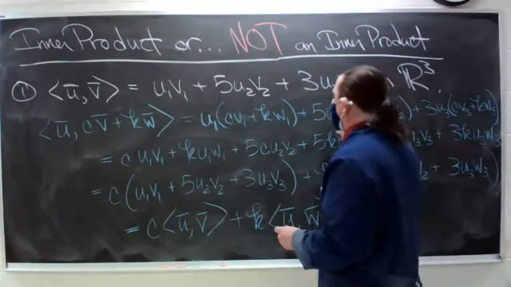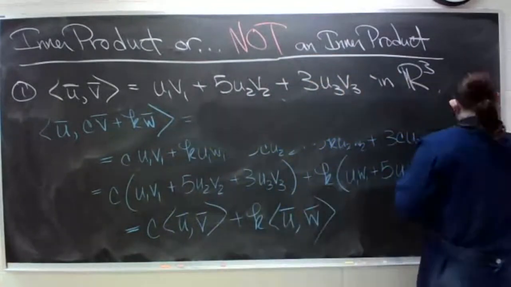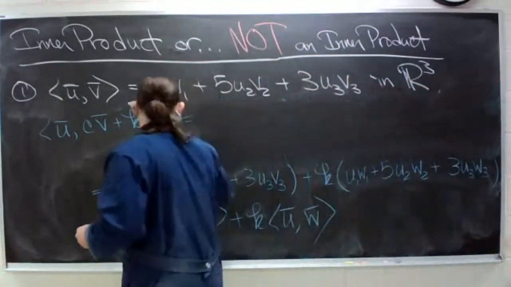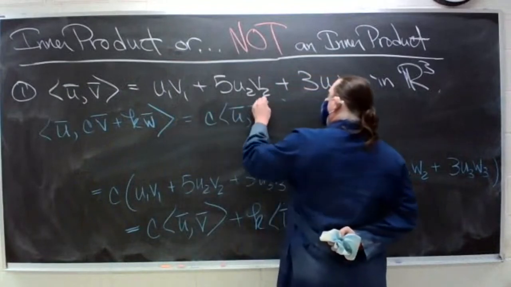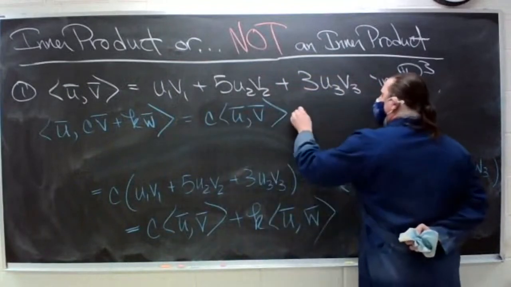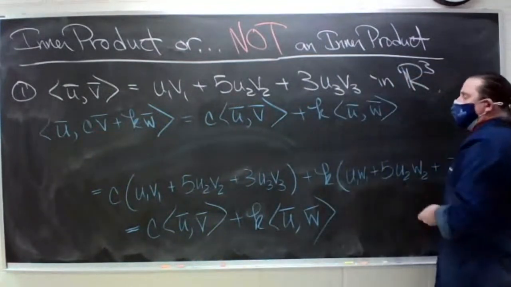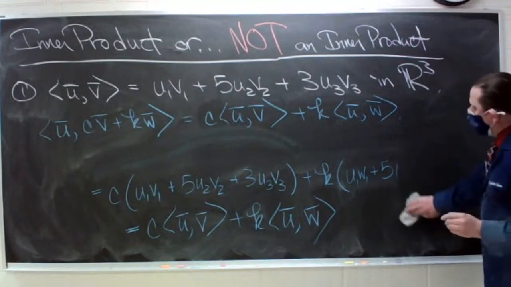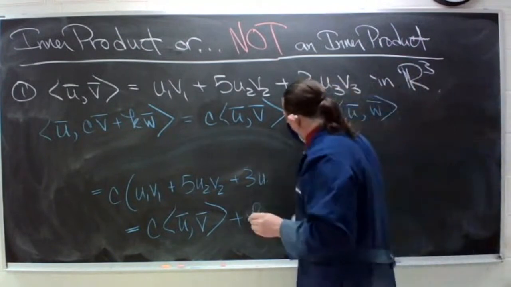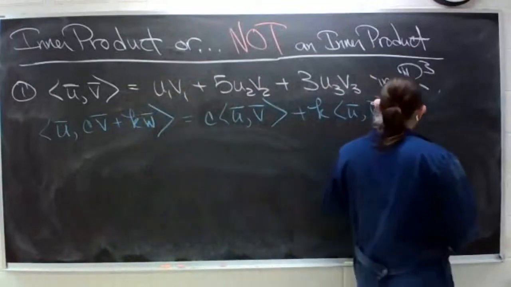Each of those operations is linear. So I'll get c times the inner product of u with v plus k times the inner product of u with w. So that checks out.